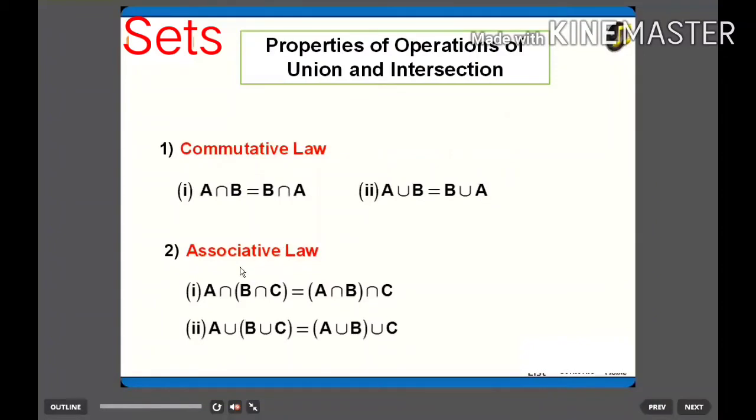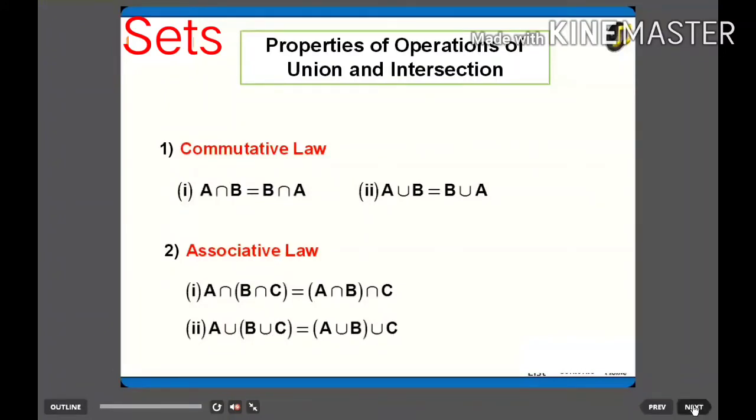Associative property means first you do the intersection of B and C, then A intersection (B intersection C) will be equal to (A intersection B) intersection C. Now the second is for union: you find B union C, then A union (B union C) is equal to (A union B) union C.